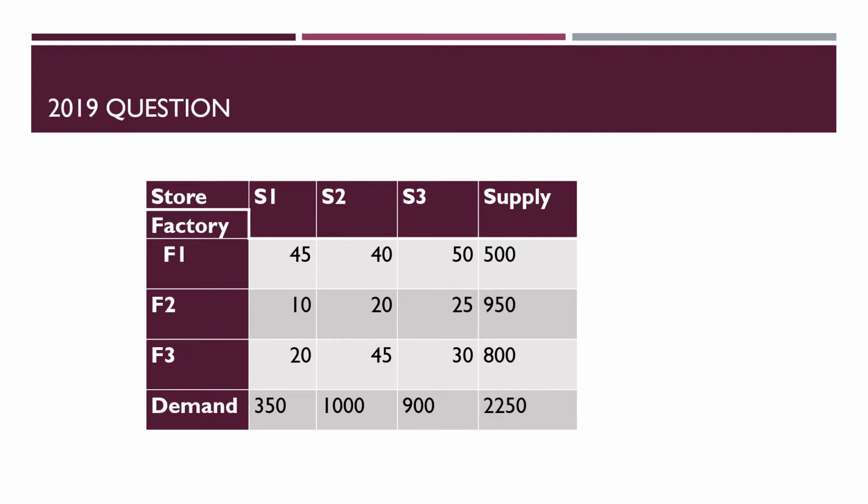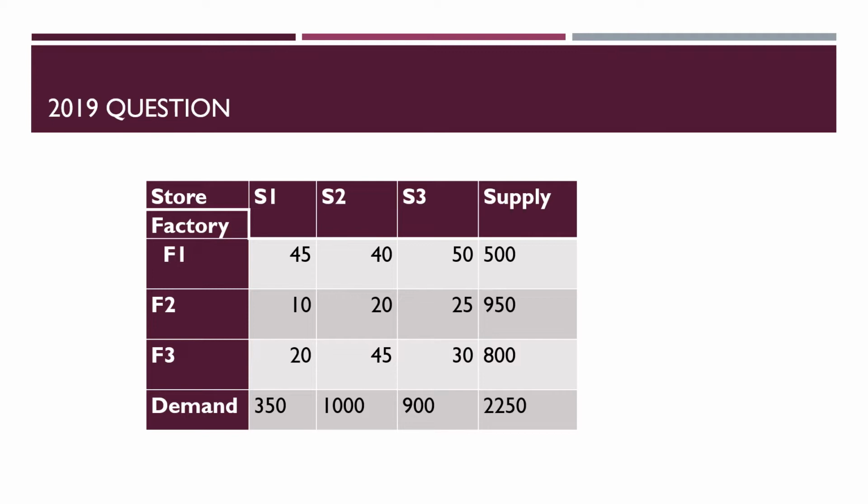And there are three factories, F1, F2 and F3. These three factories need the demand as 2250, which means the supply is equal to demand. This is a balanced transportation problem, so we don't need to add a dummy row or a column.